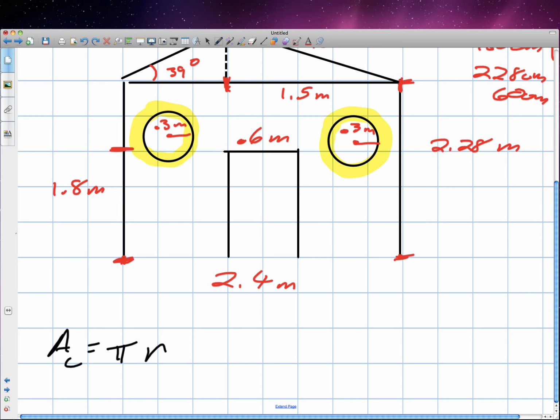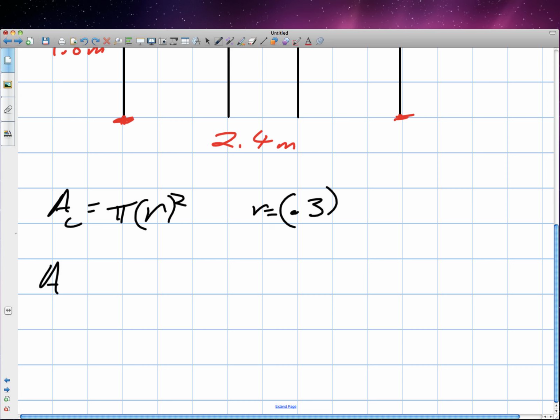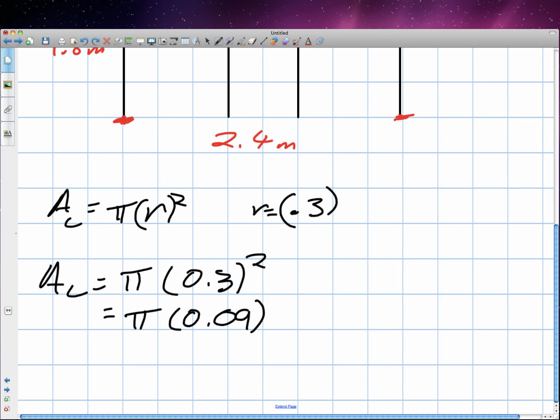Area of the circle is equal to pi times 0.3 squared. 0.3 squared is going to give us 0.09. 0.09 times pi is 0.28 something, we'll say 0.23 meters squared. Okay, so the area of one of the circles is 0.23 meters squared. We'll highlight this so we know to go back to it as an answer.